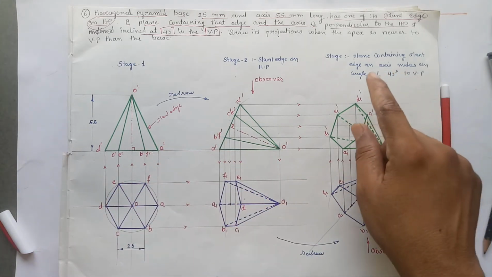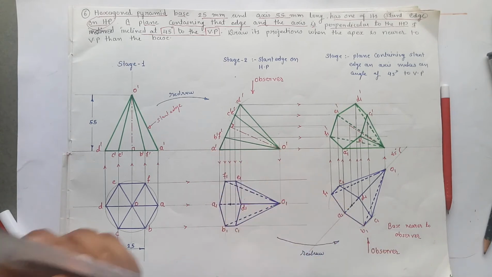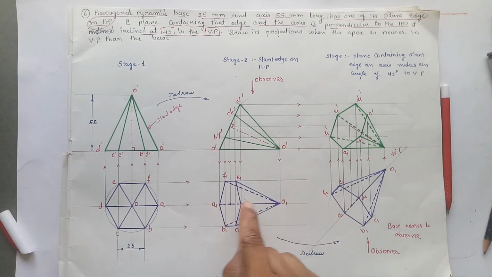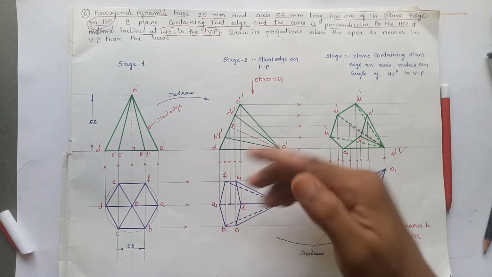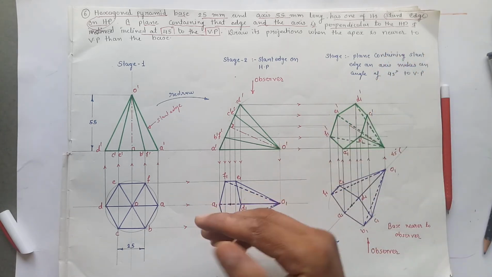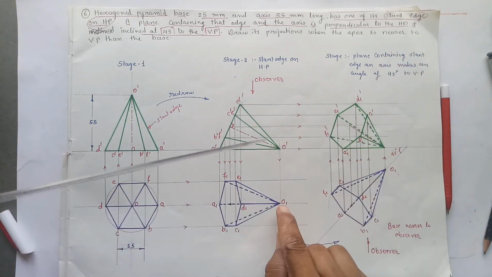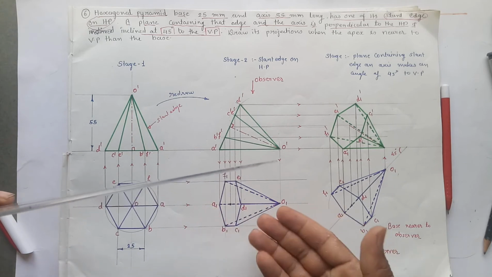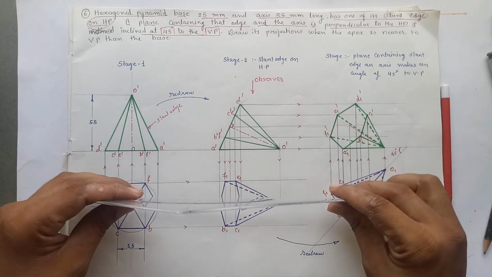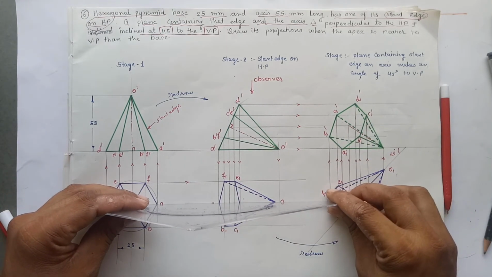So right now we have to take the slant edge OA and the axis. So the plane containing the slant edge OA and the axis is like this, because here the axis and OA are on the same line, so it will be a vertical plane.